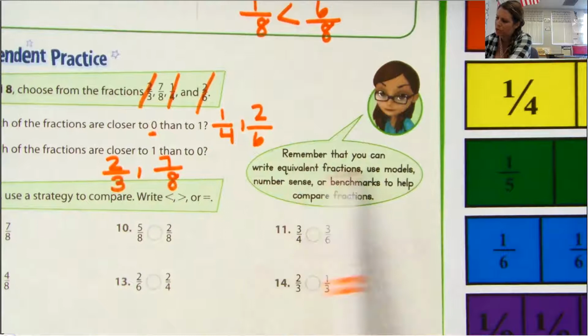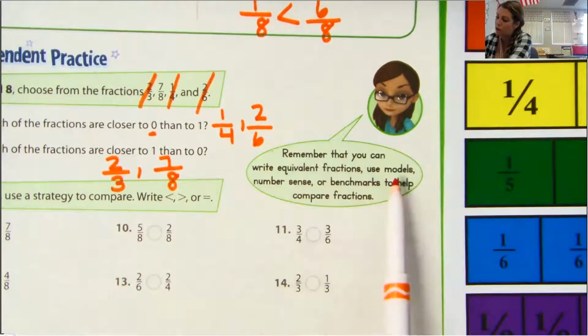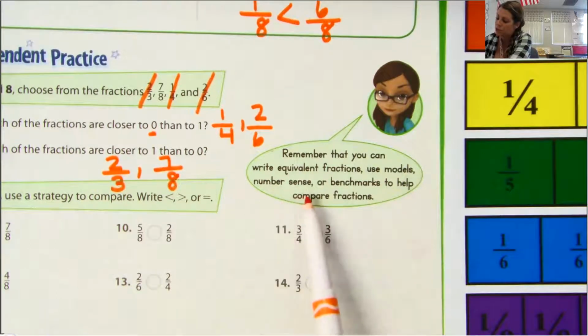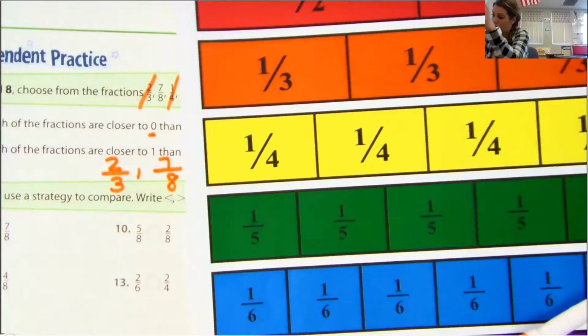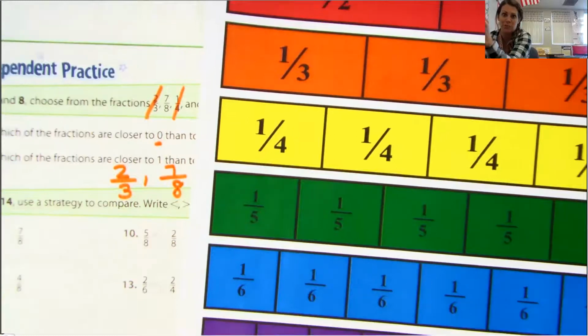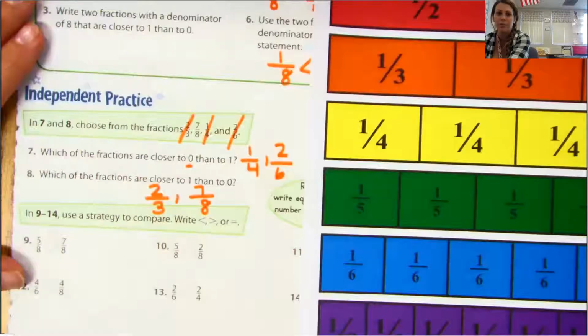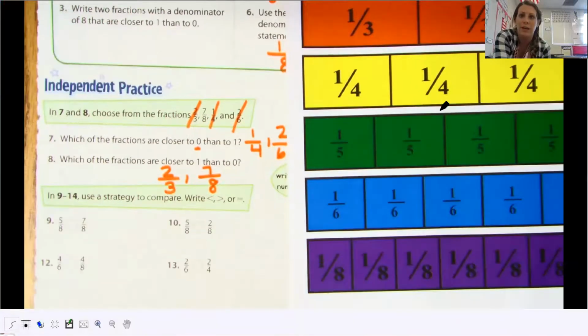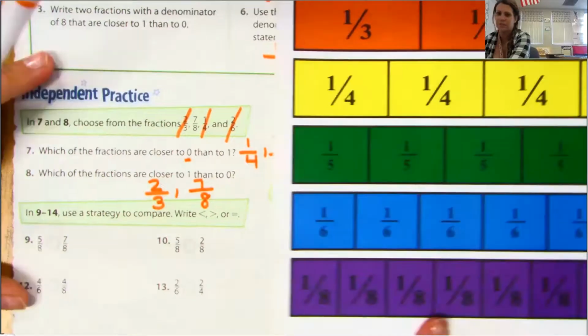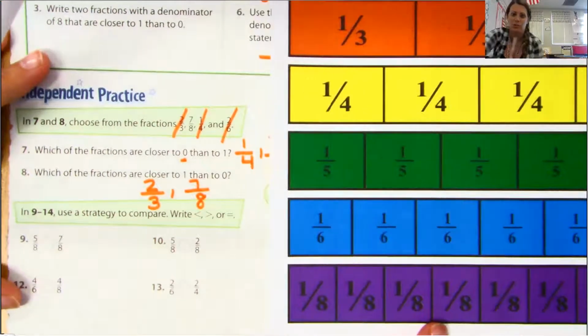Remember that you can write equivalent fractions, use models, number sense, or benchmarks to help you compare fractions. So we're using our benchmark, our fraction strips to help us, right? But we're also going to remember those tricks that Mrs. Harp told you. Okay, so take a minute and look at number 9 and see if we can figure this out without our fraction strip.